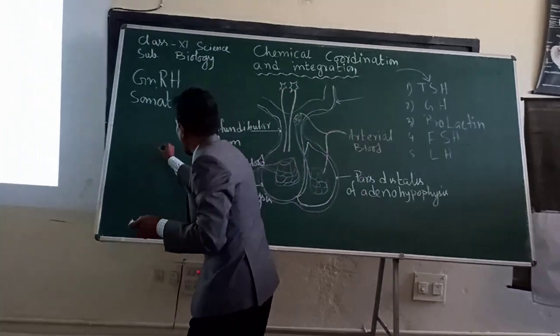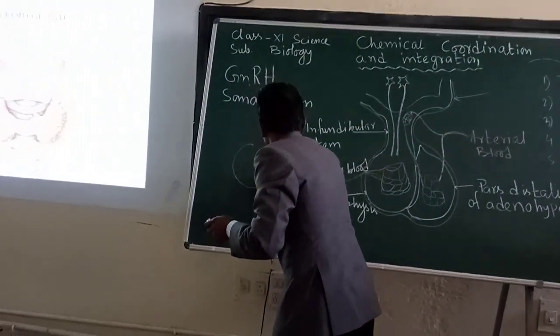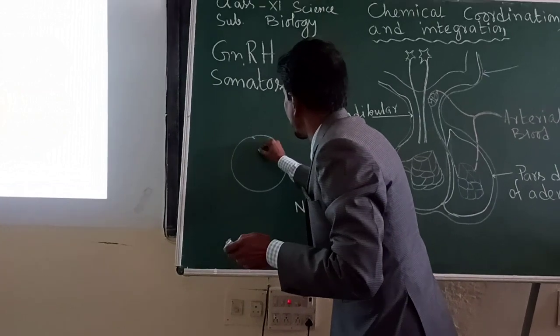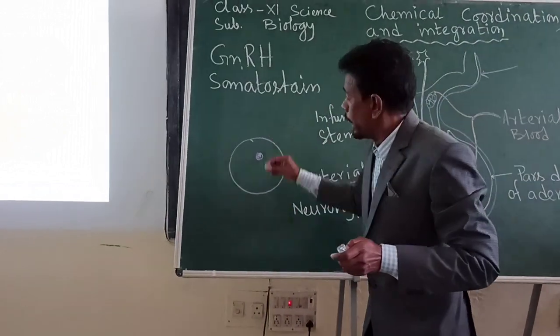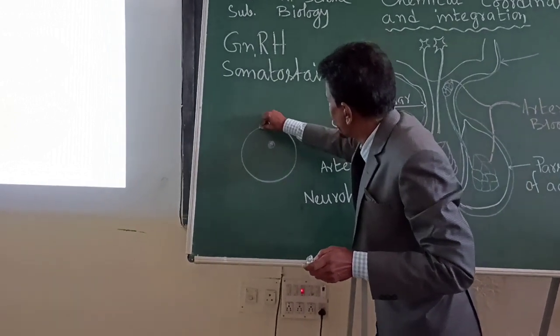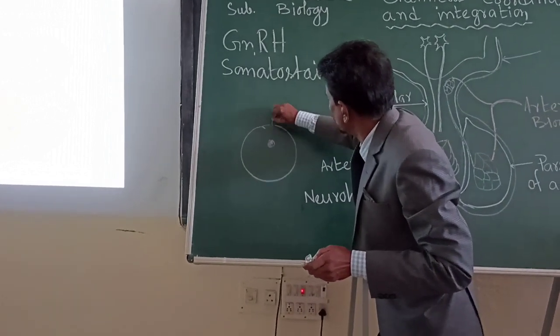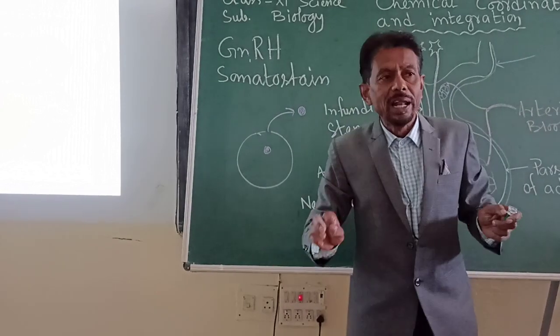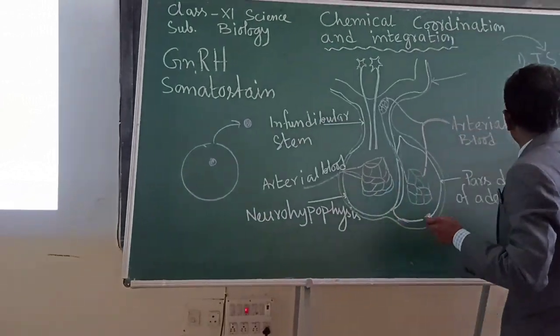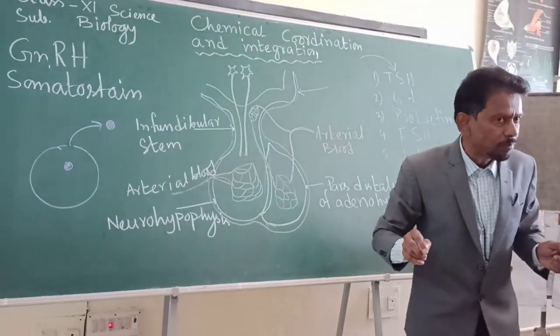Suppose this is the mature Graafian follicle. Now it contains the ovum. It will burst and release the ovum. So this release of ovum is induced by the level of LH hormone.